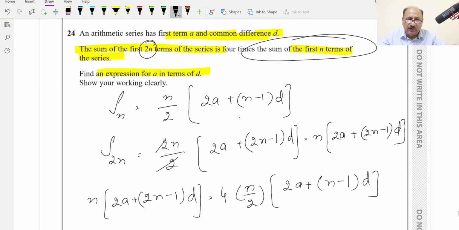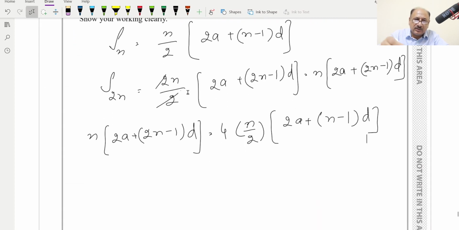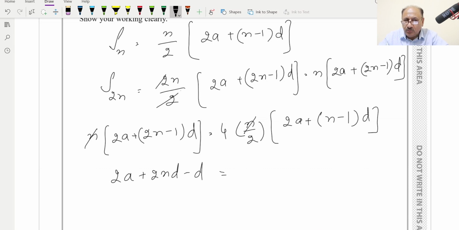Now we have to simplify and cancel. The n will be cancelled with n, and the remaining will be 2a plus 2nd minus d, equal to, cancelling the 2, 4a plus 2nd minus 2d.